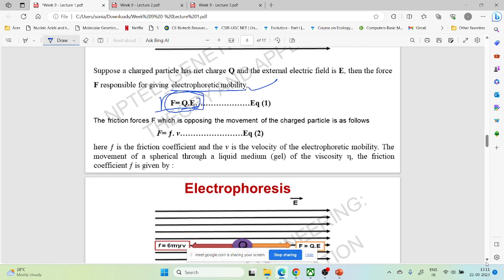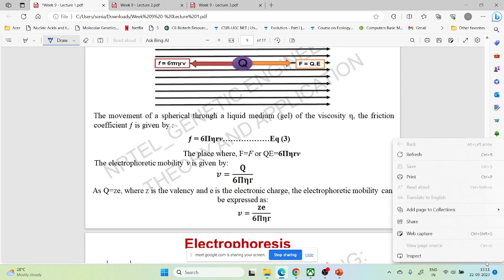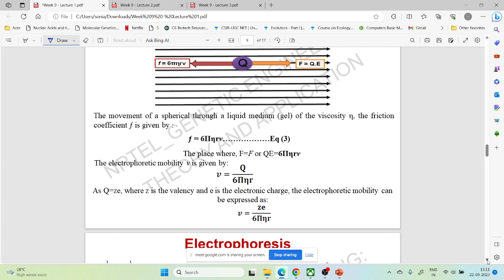Maybe one or two, not very difficult ones. So you can just go through it for your knowledge and concept building. This is just the principle of electrophoresis, to know how electrophoresis works.